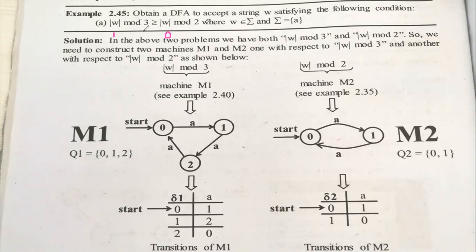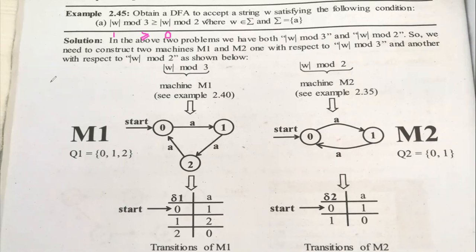So this string satisfies the condition of greater than or equal to, since 1 is greater than 0. Then continuous 4 A's should be accepted by the DFA you are going to design.